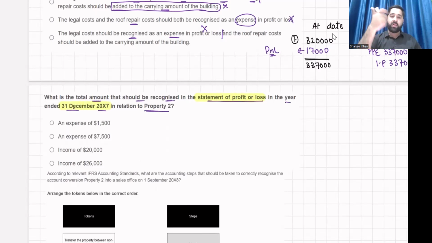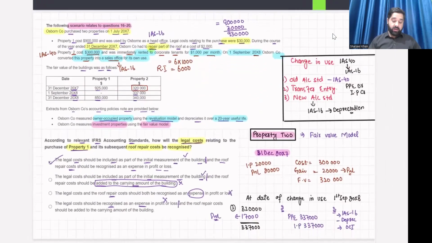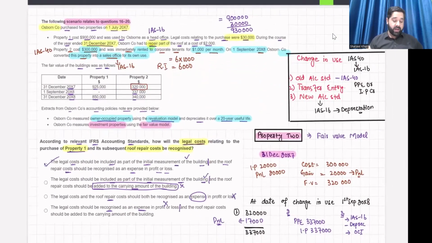So we have to find income or expense, but in relation to property 2, right? For the year ended 31st December 2007, property 2 was an investment property, and any rental income and any upward revaluation in relation to property 2 should be recognized as income in the statement of profit or loss, right?